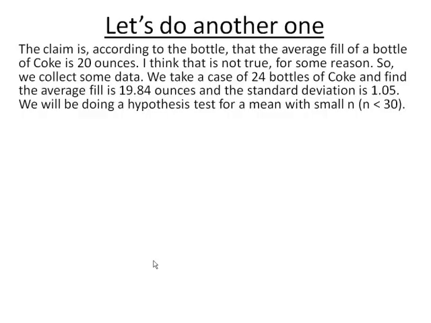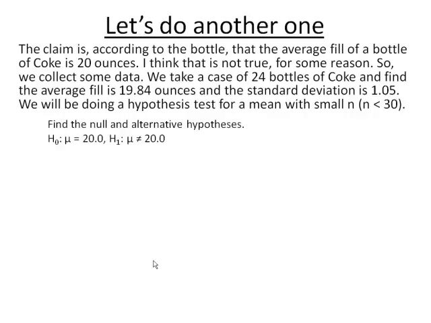Let's do another one. Here's our claim of Coke bottles not being filled actually 20 ounces. So we'll get some bottles of pop and measure their average fill, and we find a mean and a standard deviation. Since our n is less than 30, we're going to do a hypothesis test for a mean with small n.